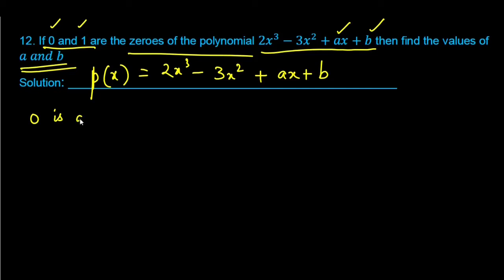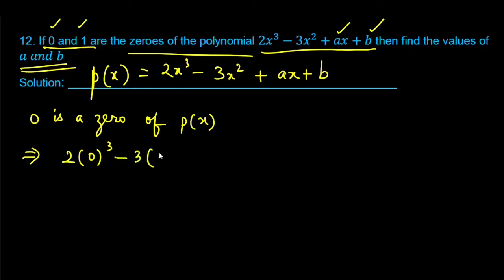0 is a 0 of p of x, implies 2 into 0 cubed minus 3 into 0 square plus a into 0 plus b is equal to 0.